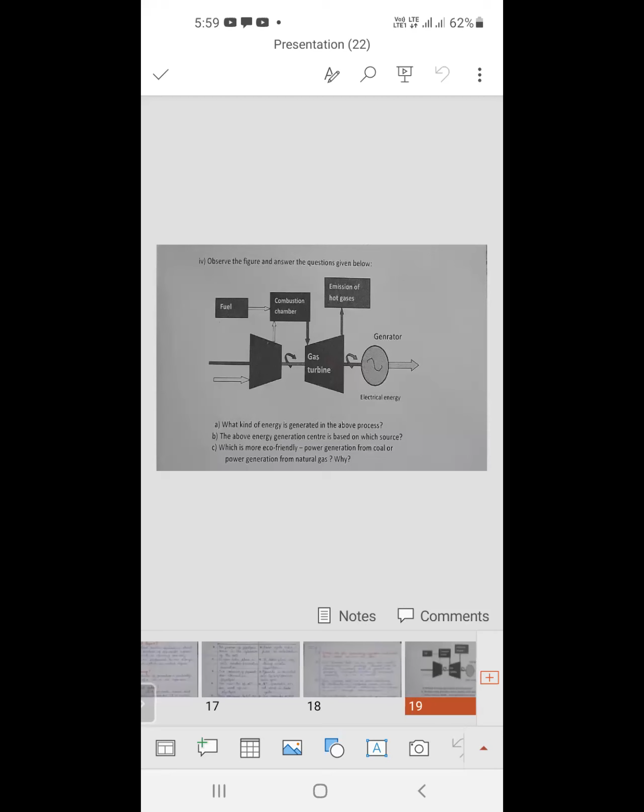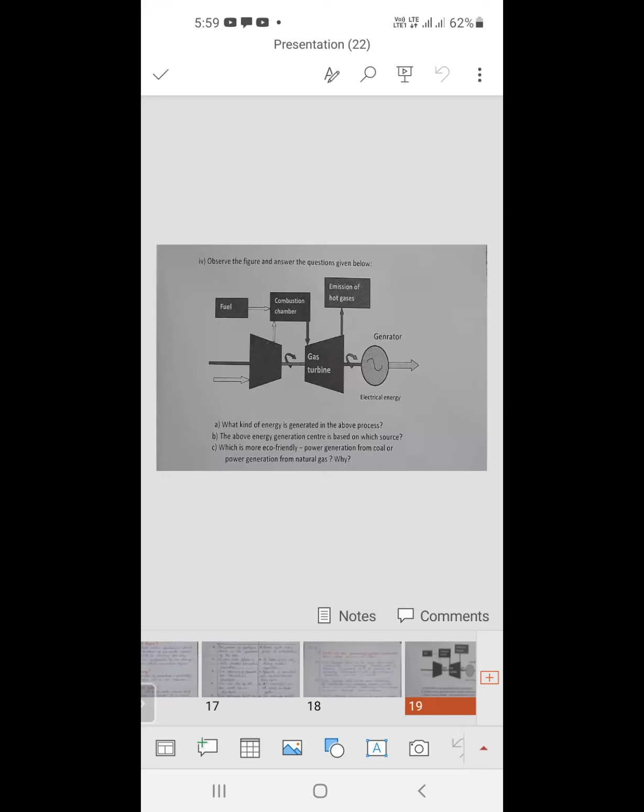If you look at the picture, you can identify that this flow chart is of natural gas. If you have studied thermal power plants, natural gas, wind energy, solar energy, all energies, then you can identify it easily.